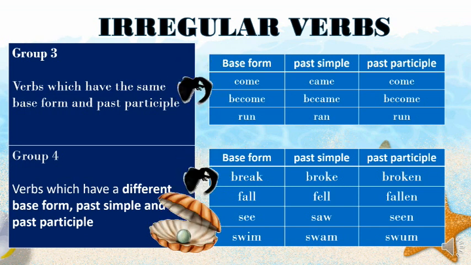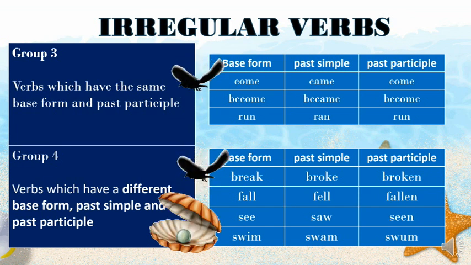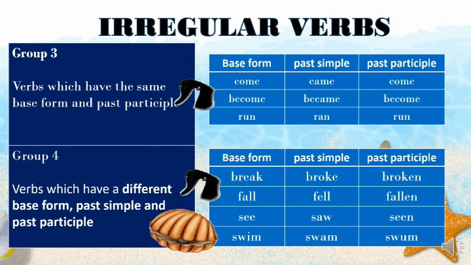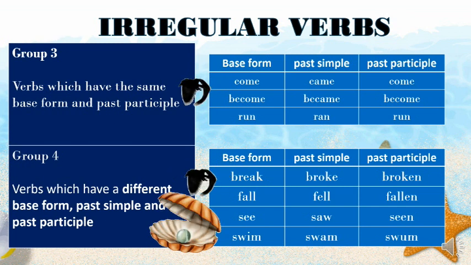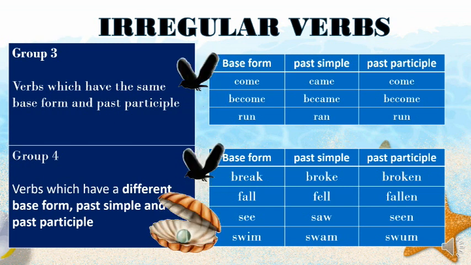Swim, swam, swum. Okay, like this: drink, drank, drunk. Sing, sang, sung. Like that it will be. Is it clear, students? Okay, these are the four groups that you have to remember, and sometimes you have to keep some things in mind also. Is it clear, students? Okay.